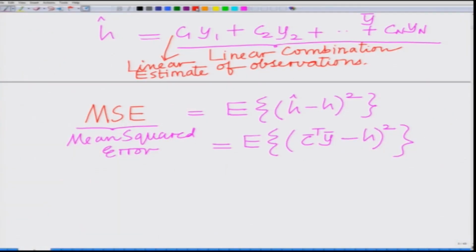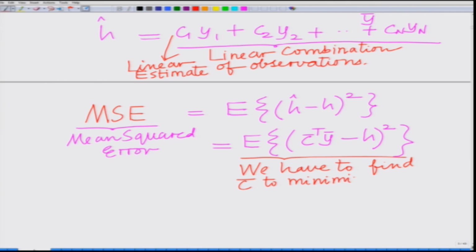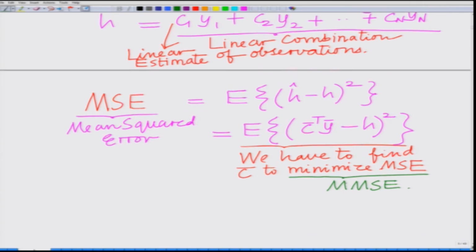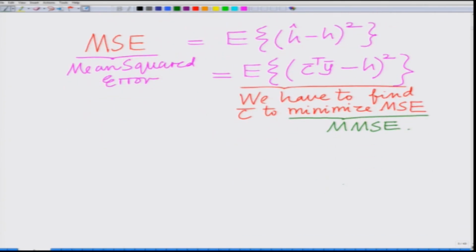So, we have to find C bar to minimize MSE, and this becomes your MMSE, the minimum mean squared error, and this is also linear in the observations y1, y2, up to yn, that is, linear in the observation vector y bar.